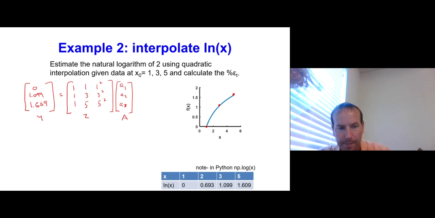A is the unknowns, so we're going to solve this linear system. Solve given z and y.